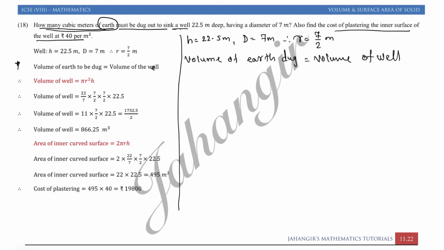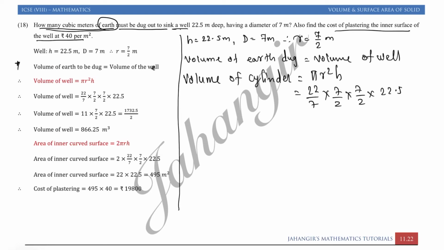So well is in the cylinder shape, so we can write volume of cylinder is equal to pi r square h, that is pi की value is 22 by 7 into r is 7 by 2 into 7 by 2 into height is 22.5.